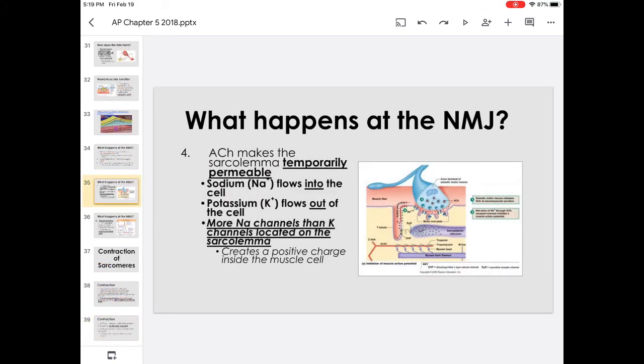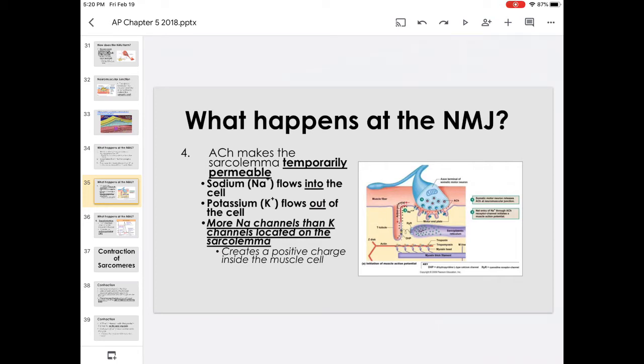When the acetylcholine gets to the axon terminal at the end of the neuron, we said that it gets released from the vesicles so that it can go into the synaptic cleft and attach to the receptor on the muscle fiber.